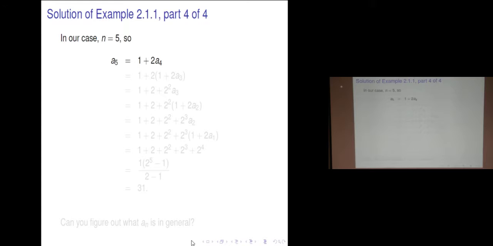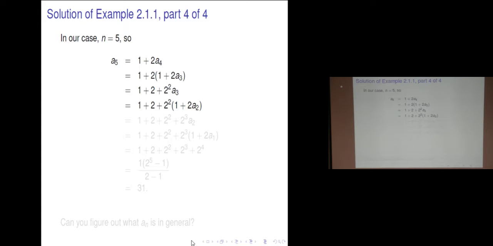Okay, so in our case, n equals 5. So this is extremely slow. By the formula, A5 is 1 plus 2 times A4. Now what is A4? A4 is 1 plus 2 times A3, right? So it is equal to 1 plus 2 squared times A3.